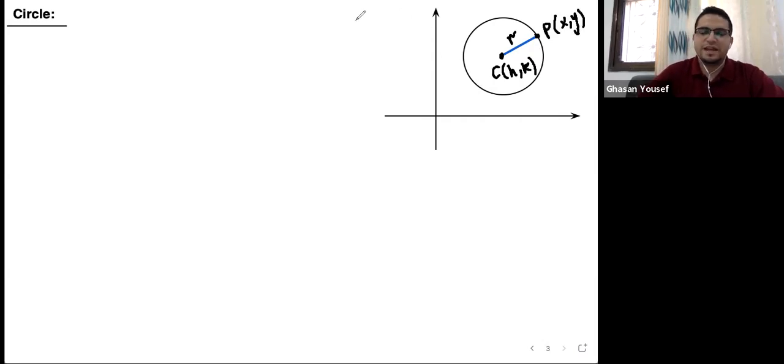So for any circle, you need only two things: the center and the radius. So here I can say, equation of a circle.